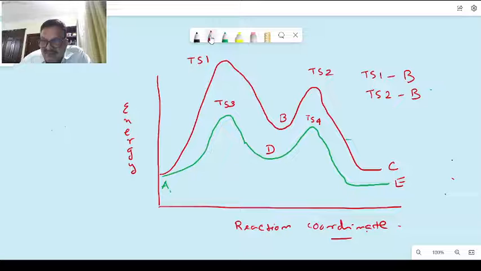Since TS1 and TS2 are similar in structure to B, any factor that stabilizes B also will stabilize transition state 1 and 2. It will be interesting here.